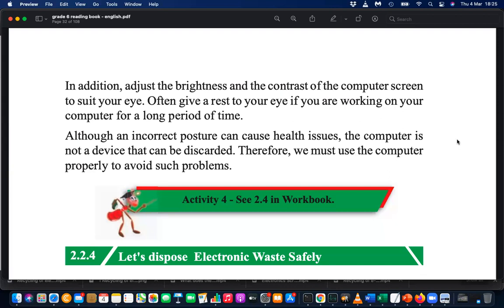And what is contrast? Brightness means deeptiya. Oh, deeptiya. Contrast. What is contrast? Don't know. Right, okay.